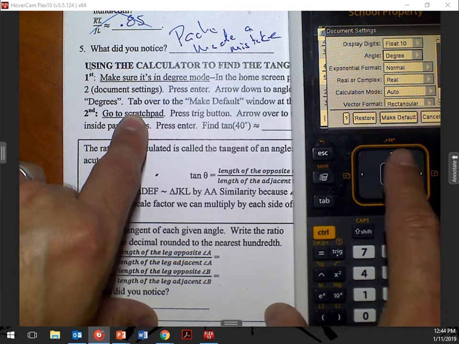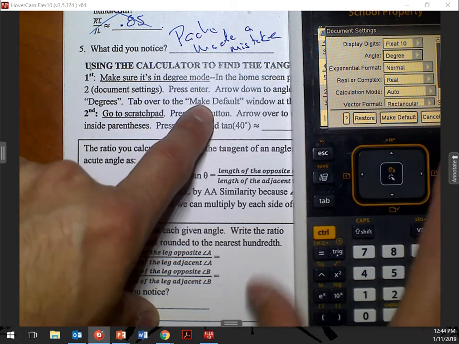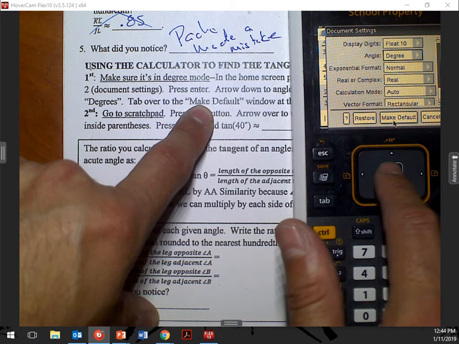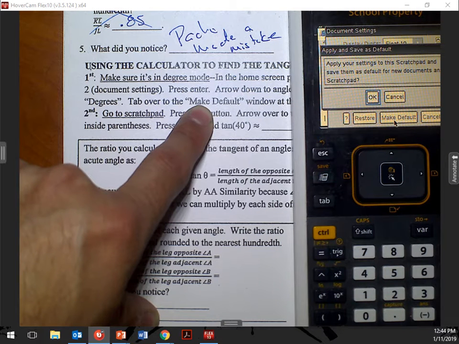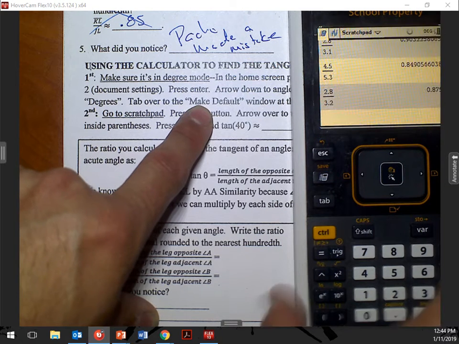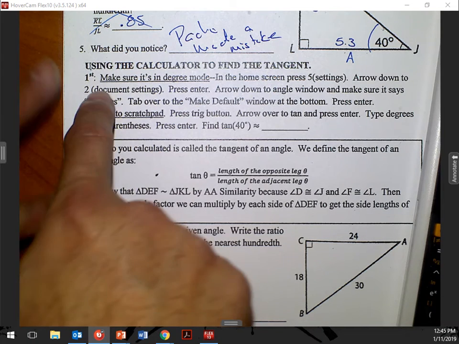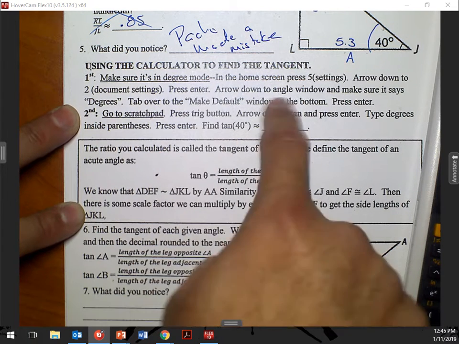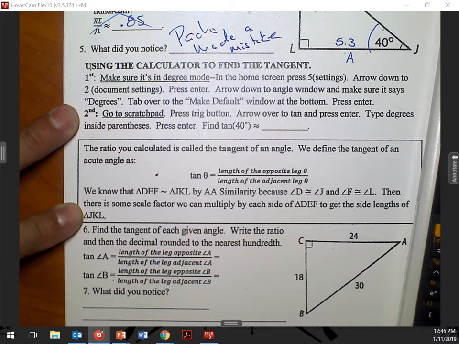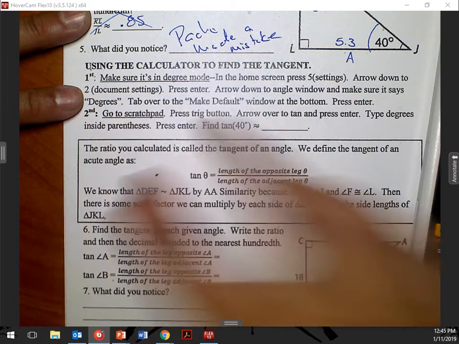Change it to degree, and right over here hit make default. You do it again. It's everything that's written right here. Make default, hit OK.